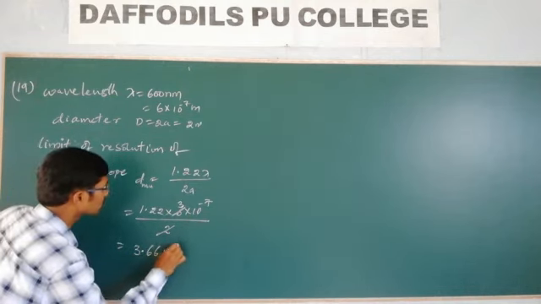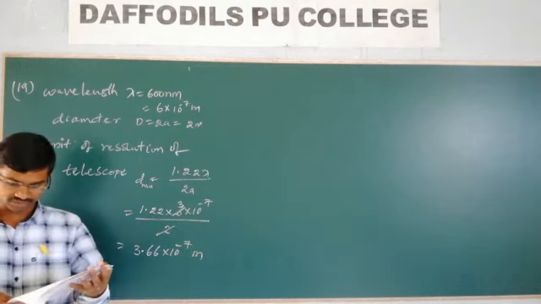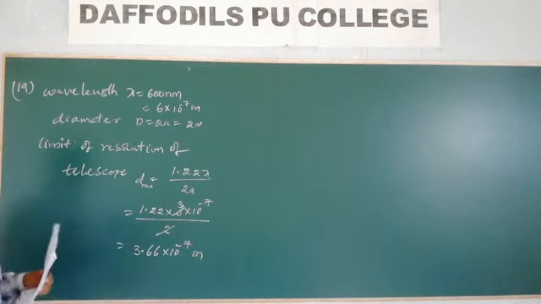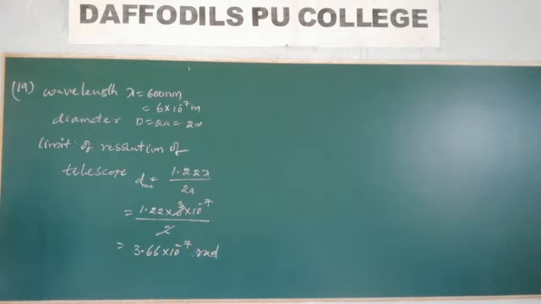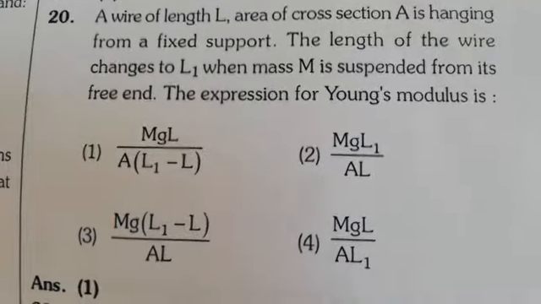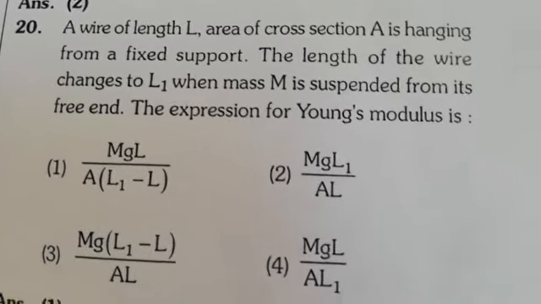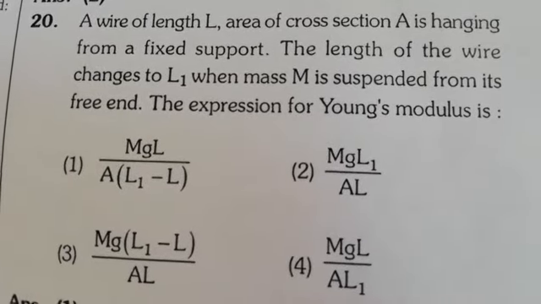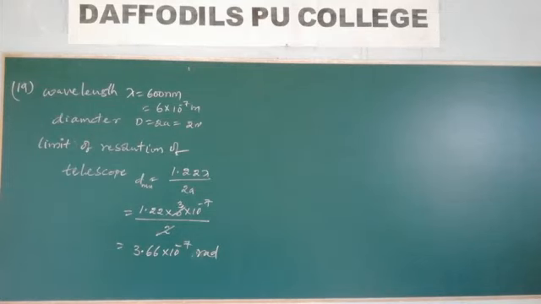Then 1.22 into 6 into 10 power minus 7 by 2. Here it is what? 3 times. Then 3 into 1.22, 3.66 into 10 power minus 7 meter. Which is second option, angular resolution, which is in radian. So let us go for the 20th one.